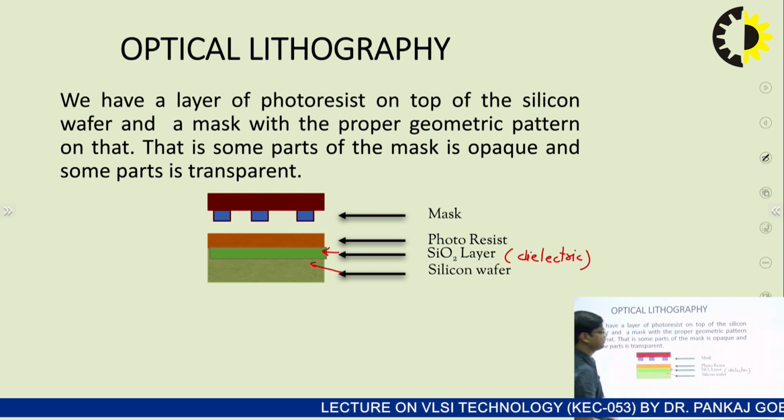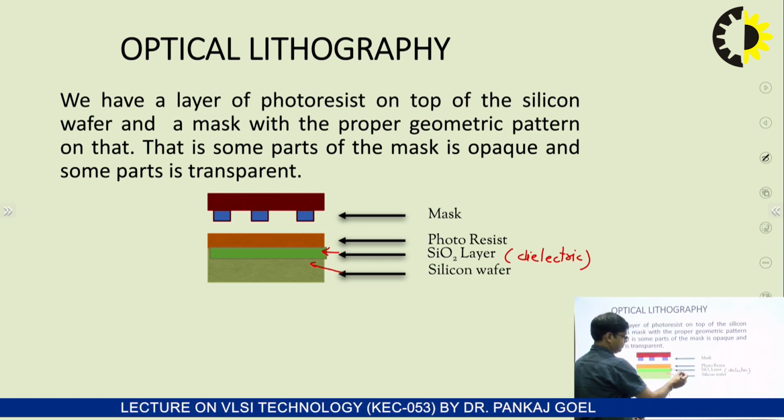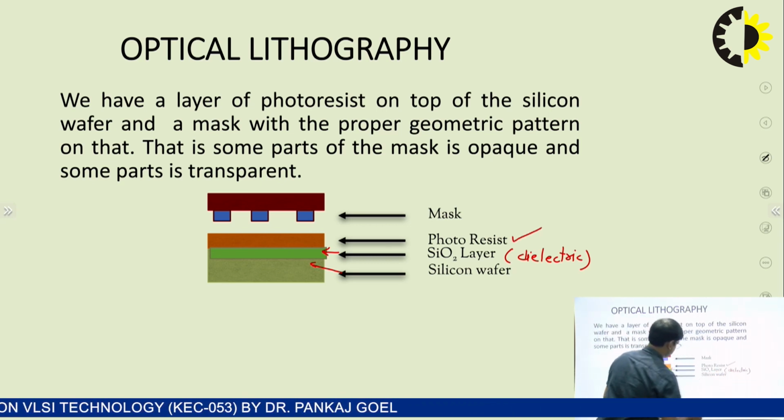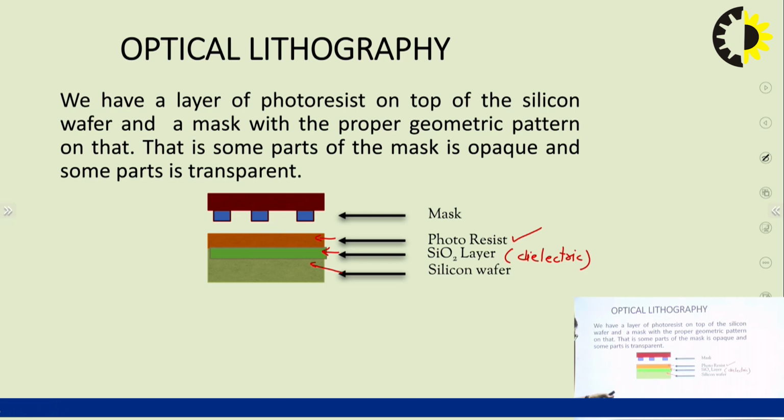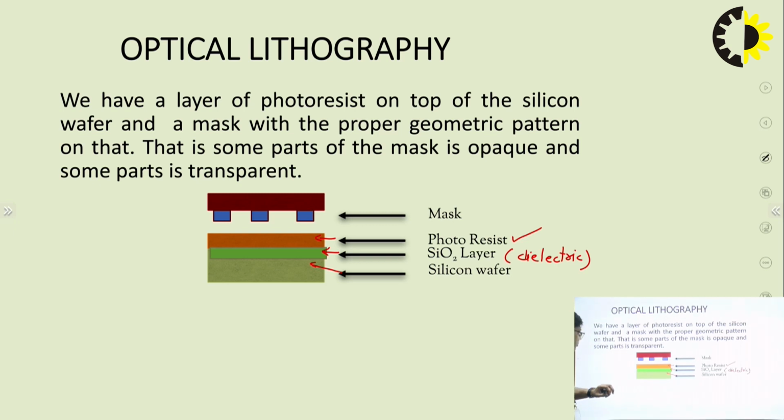On top of this layer we apply the photoresist. This is your photoresist. With the help of an injection and spinning the wafer, it is uniformly deposited on top of the wafer layer.